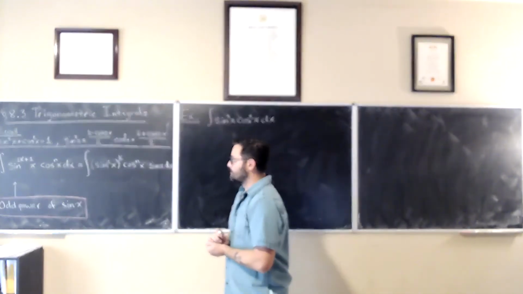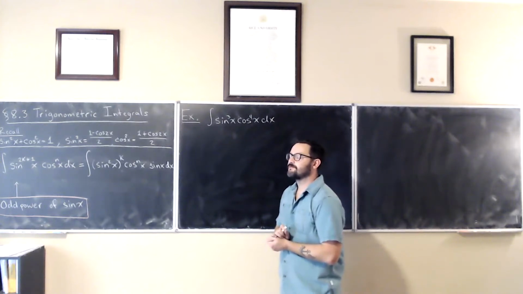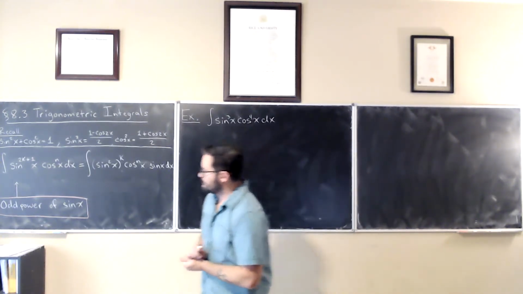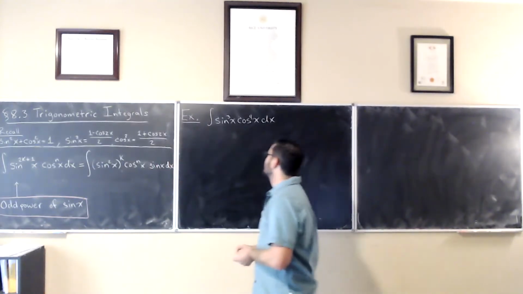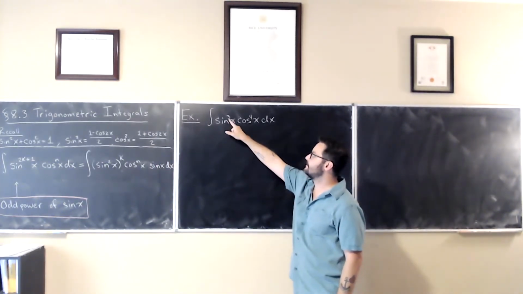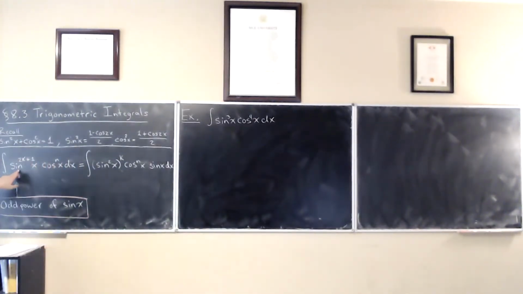Okay, so the first technique we're going to talk about is the case when we have an integral involving sine with an odd power. So that's all this notation here is.